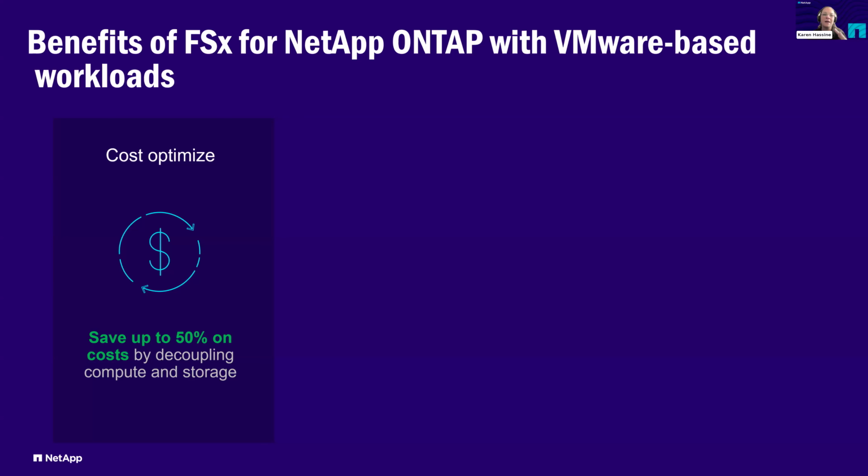You can always bring in FSx for ONTAP for all of the other great things it does, because it's an enterprise level storage service with a lot of features and functionalities that bring a lot of value, but specifically for EVS, it's exactly this cost optimization that is impactful, up to 50%. In terms of dollars saved, it's huge.